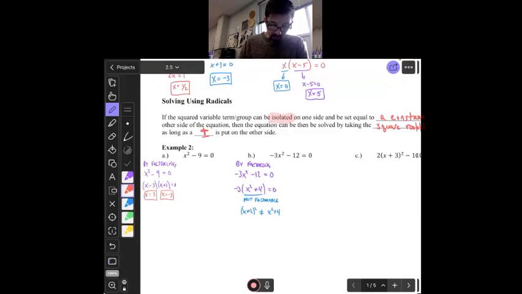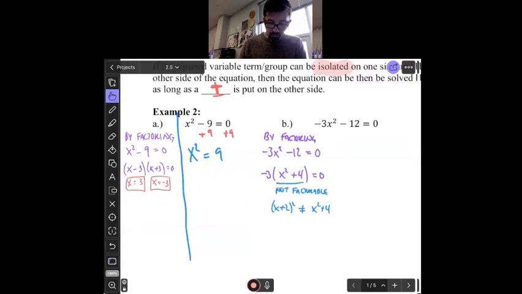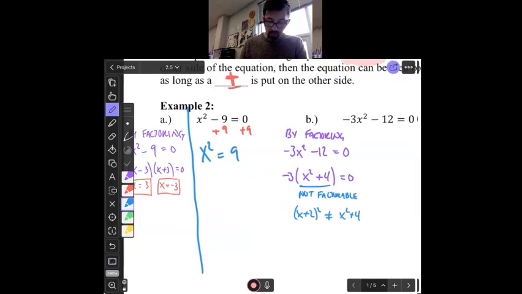So the method that we should be using here, I want to get x by itself. So I'm going to start by adding 9 to both sides. And then once that power group is isolated, we square root both sides.